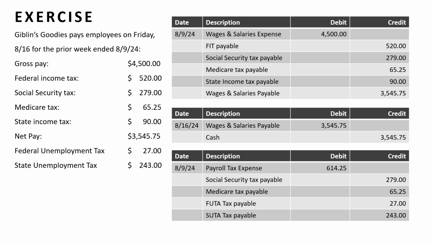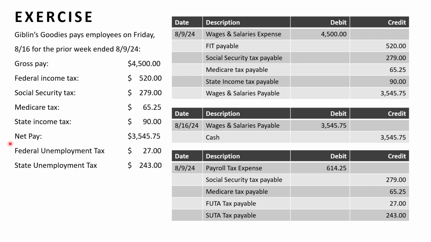Here's another example. Giblin's Goodies pays employees on Friday, August 16th for the prior week ended 8/9/2024. The gross pay is $4,500 and it shows us the withholdings and the net pay of $3,545.75.